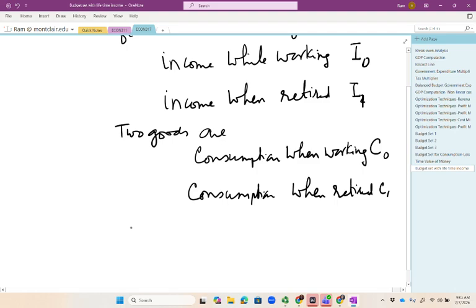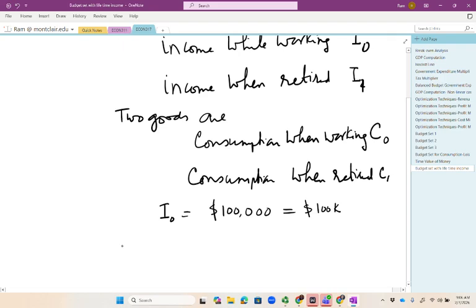The person has income available for consumption while working equal to, let's say, $100,000. So I will write it as 100K just to simplify notation.